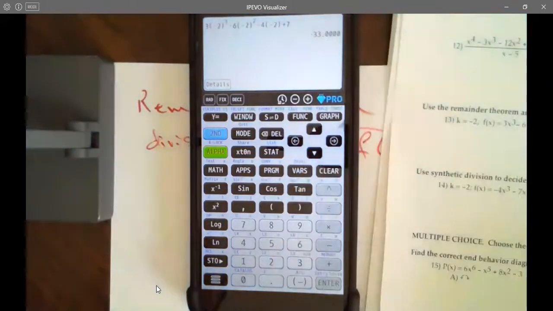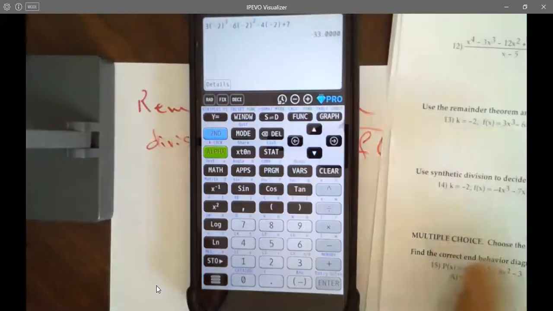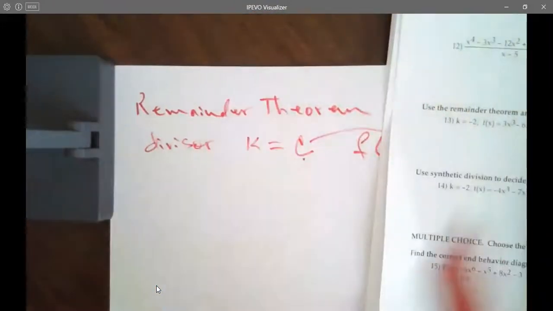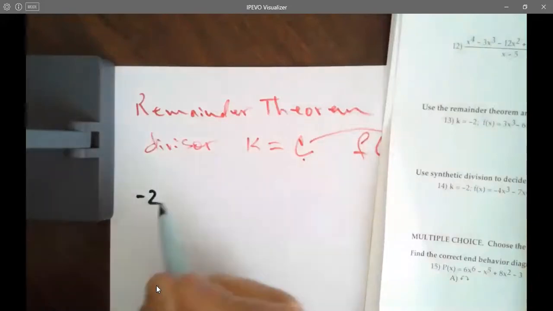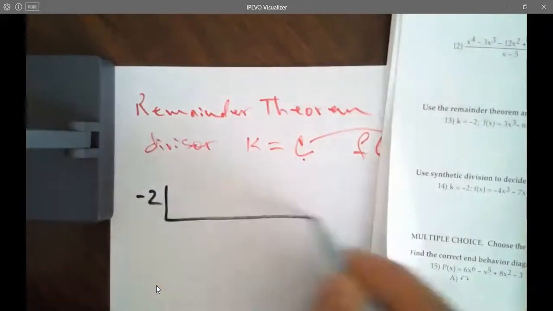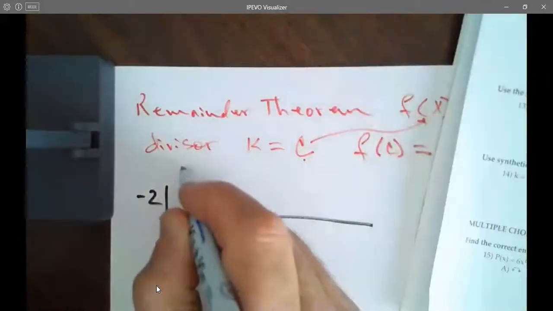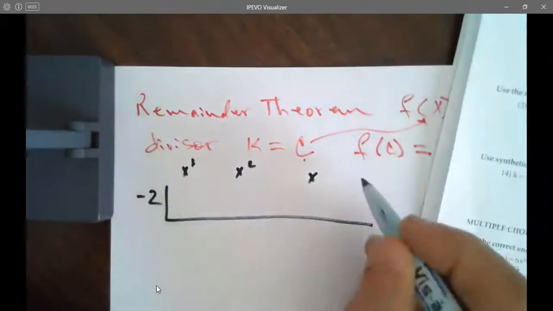Do you need to see synthetic division too, or are you good? I can see the synthetic division part. Okay. So -2 is your divisor, so we don't need to change the sign. Then you need a place for x cubed, a place for x squared, a place for x, and your constant.